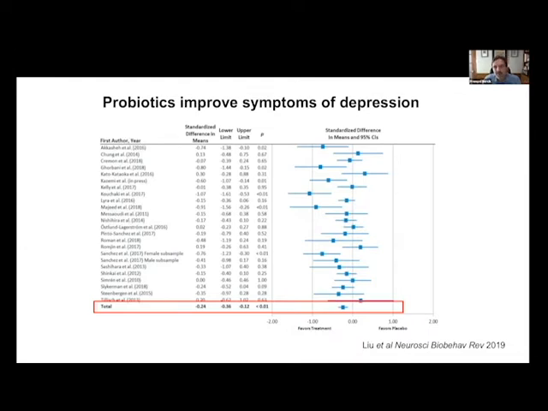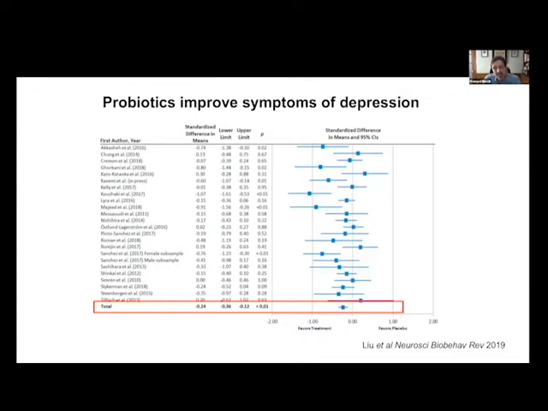Some of them, when looking at the raw data, were not providing information about the baseline status of depression or anxiety.